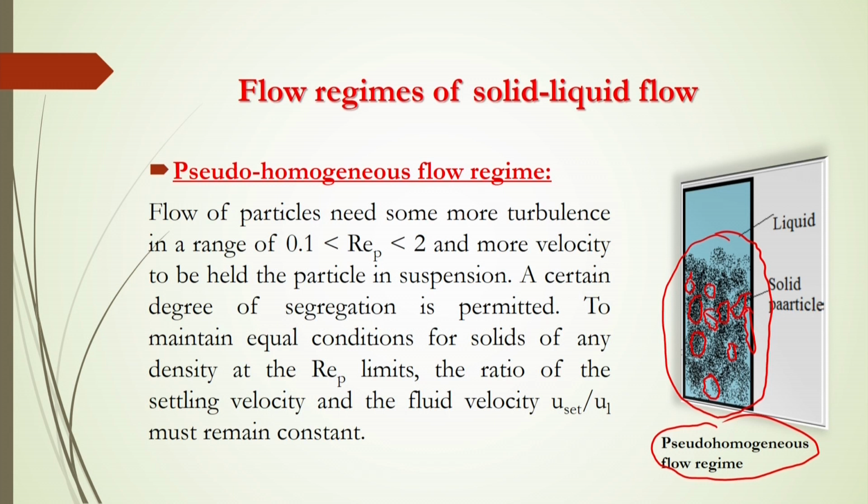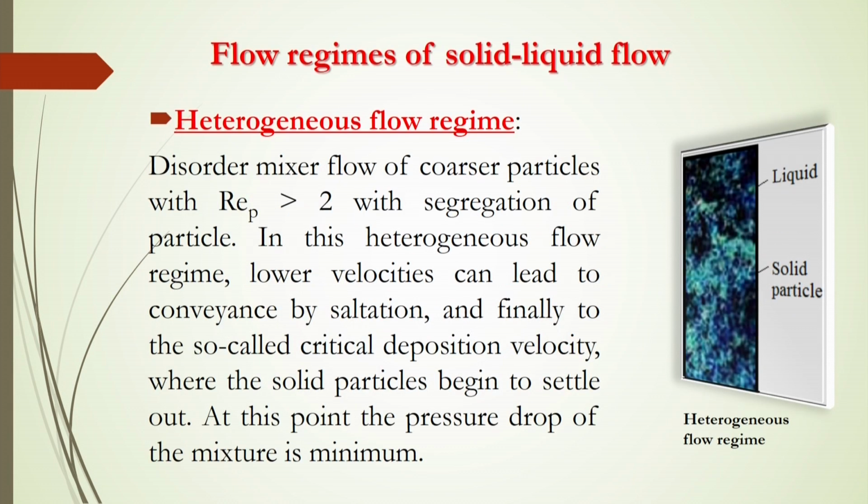But this agglomeration may be in such a way that it is a little nearer to uniformity of the solid particles compared to the homogeneous flow regime. And the other one is called the heterogeneous flow regime.